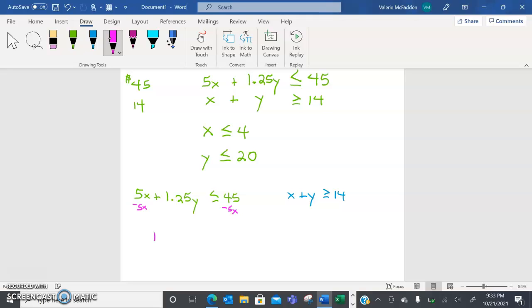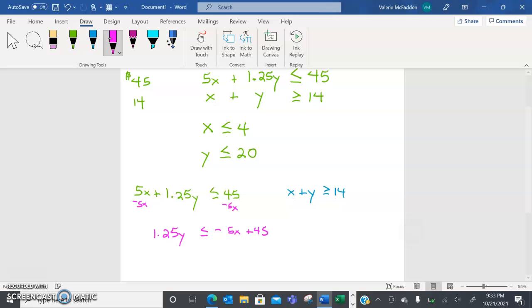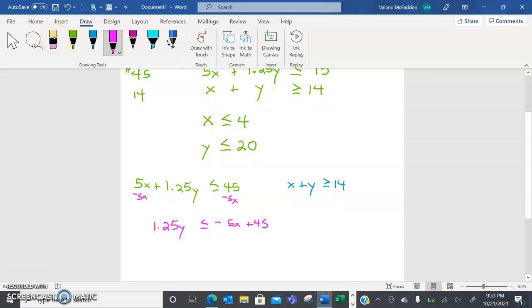So I have 1.25y is less than or equal to negative 5x plus 45. Then we're going to divide by 1.25, divide by 1.25. Okay, I'm going to get my calculator. I'll be back with the answer.